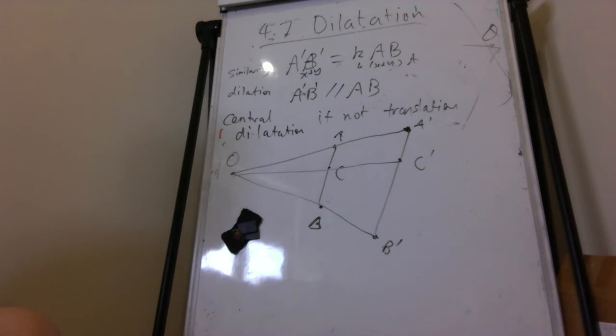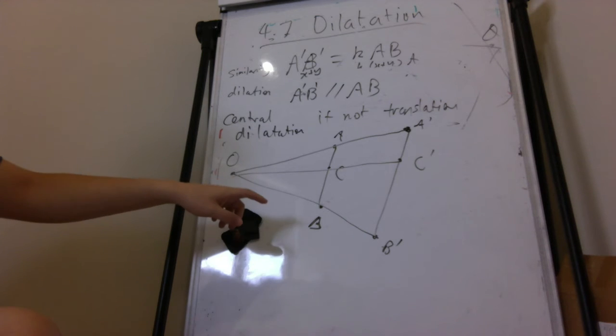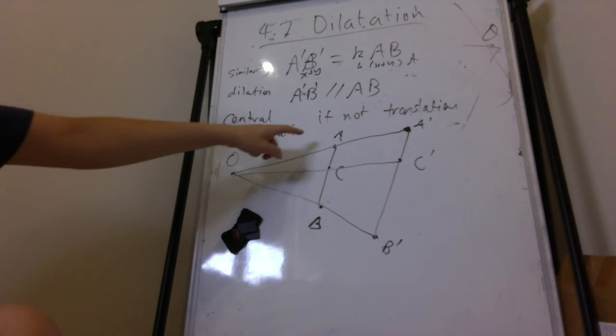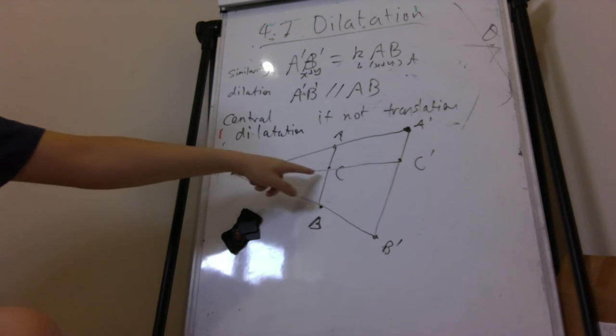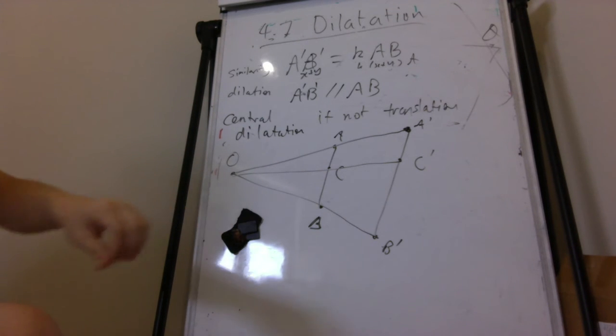Does that make sense? To show this, you just have to show that any 2 points define where the O is, and then show that another third point also has to go there.